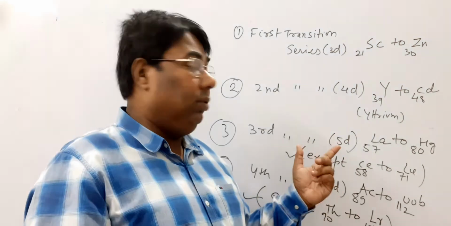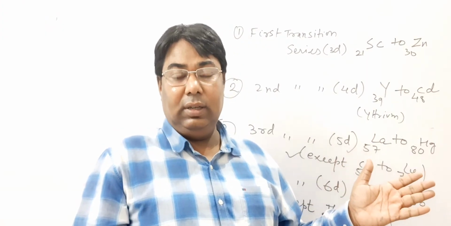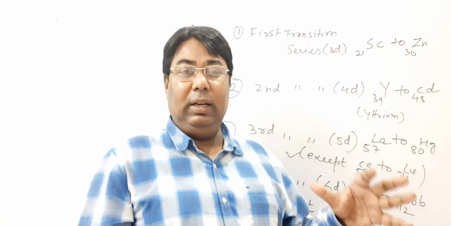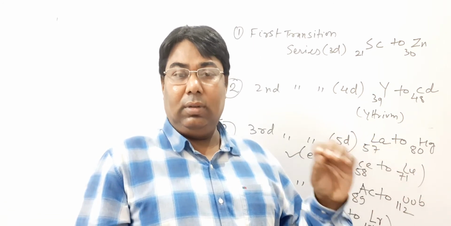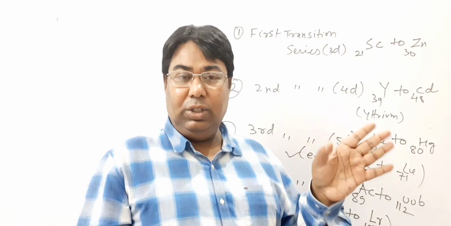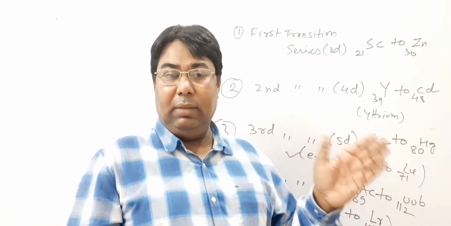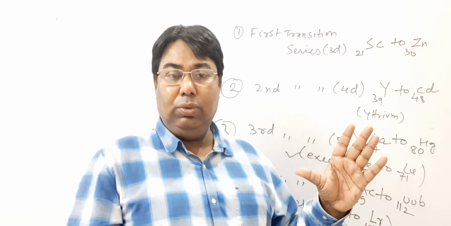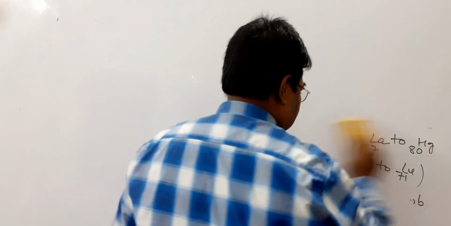Understand? Now we discuss the elements of the first transition series, because in this chapter we mainly focus on the properties of the first transition series, and the first transition series consists of elements from scandium to zinc. So we try to understand. We start the chemistry of the first transition series.